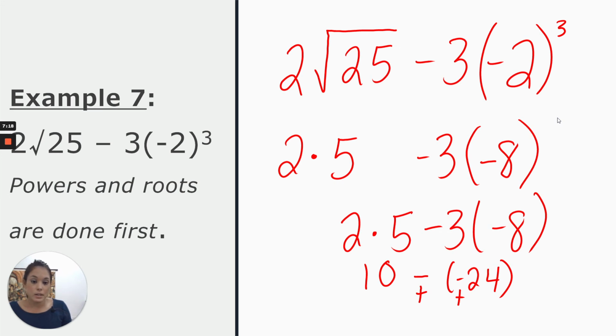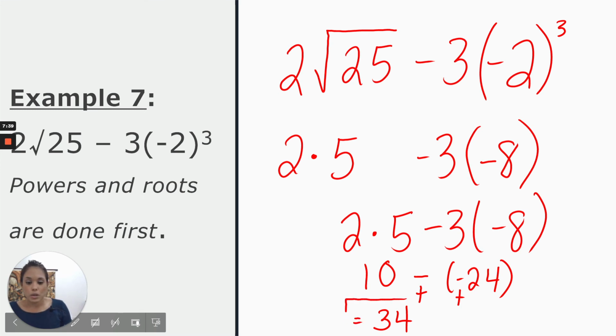So now this is addition. We take the absolute value and we add 24 plus 10, which is 34. Apply the sign. They're both the same. They're both positive numbers. So my answer equals 34.